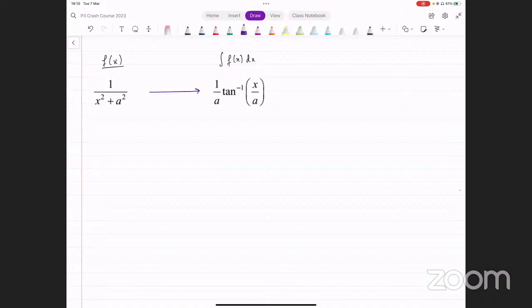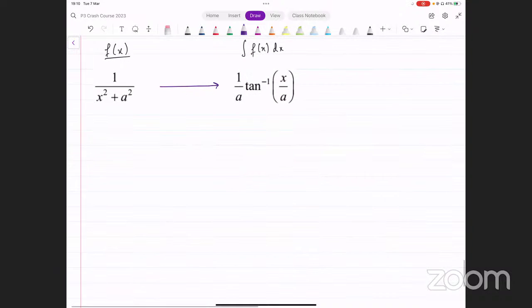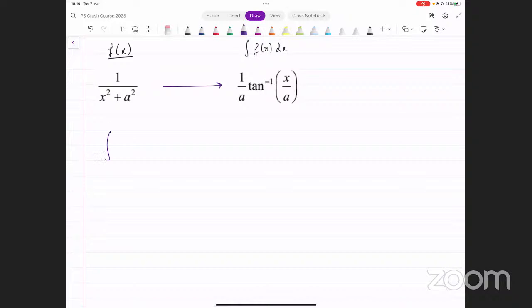For instance, if I have 1 over x square plus 4 and I want to integrate this, compare it with the form that's given there. I have 1 in the numerator, x square in the denominator as the first term, and then I have 4. In place of 4, they have a square.